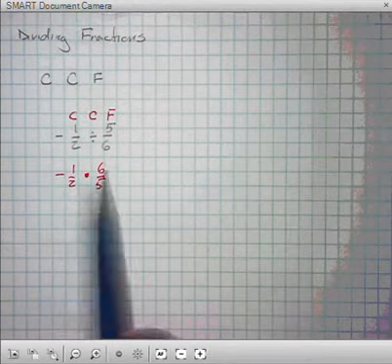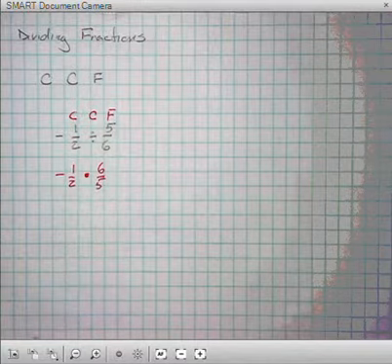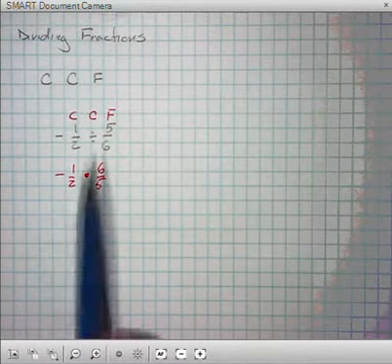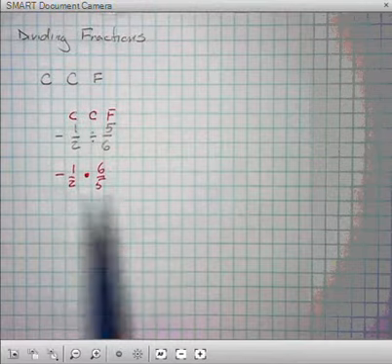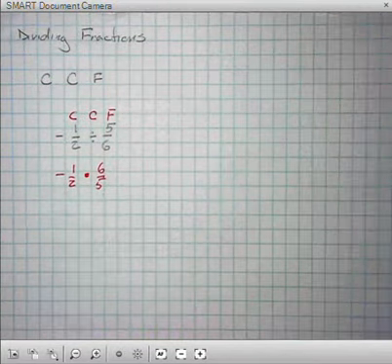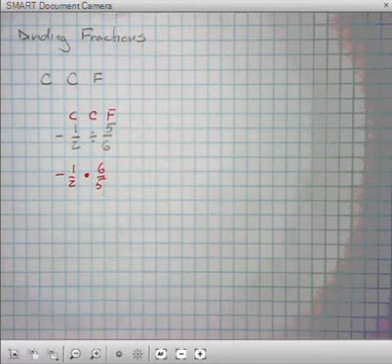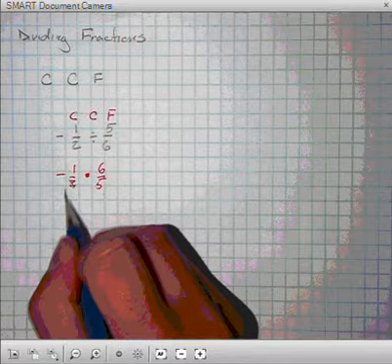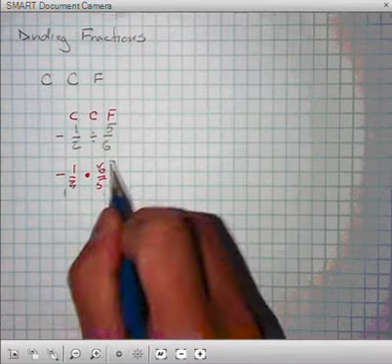Is there anything that I can reduce in this multiplication problem? Yes. What can I reduce, Ryan? 6 and 2. 2 goes into 2 one time, 2 goes into 6 3 times.